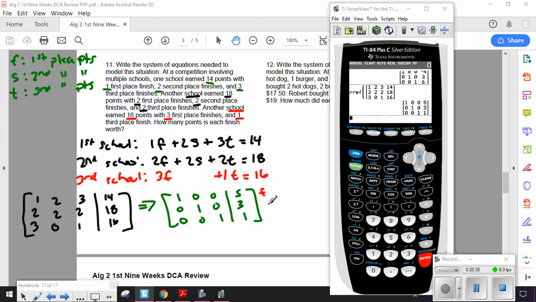So that means this is first, this is second, this is third. So in other words, first place is equal to 5 points. Second place is equal to 3 points. And third place is equal to 1 point. So that's how you would interpret this situation using matrices and systems.